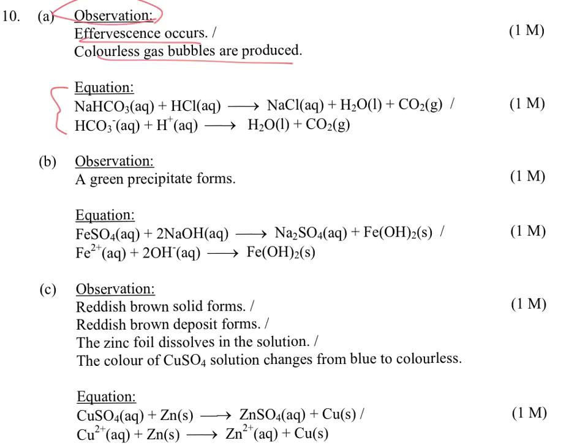And for the second one, someone asked me why we have an observation, because here iron(II) will change into iron(II) hydroxide as a precipitate. So you will find a green precipitate formed. The color for iron(II) is green. So the last question is about displacement.